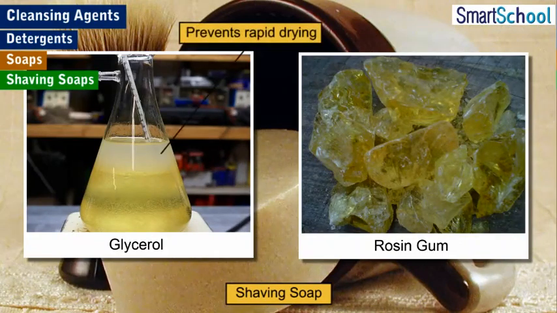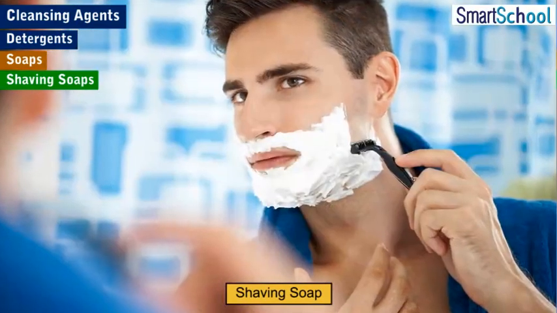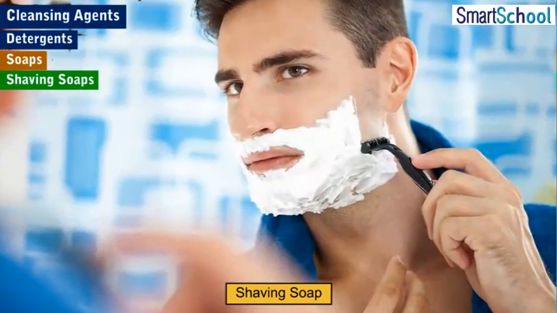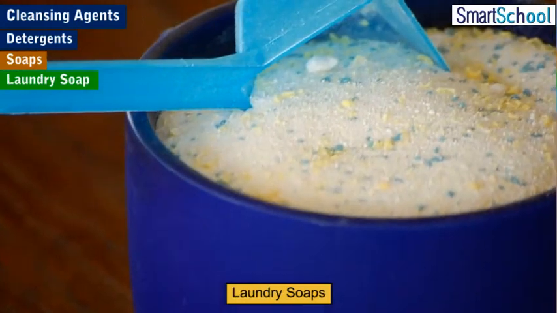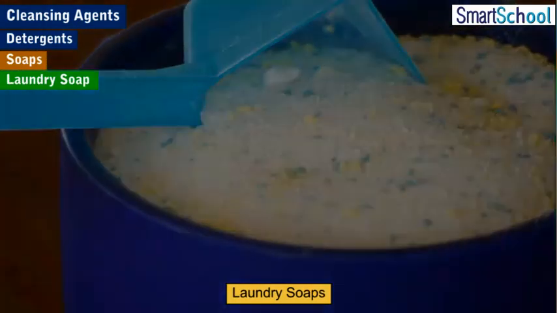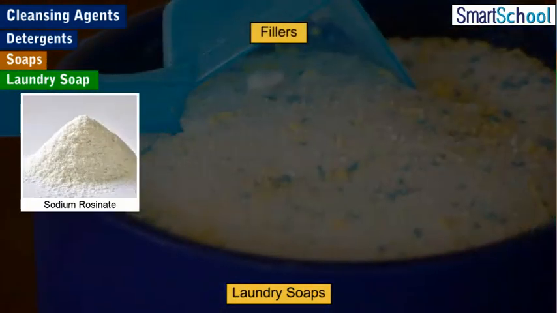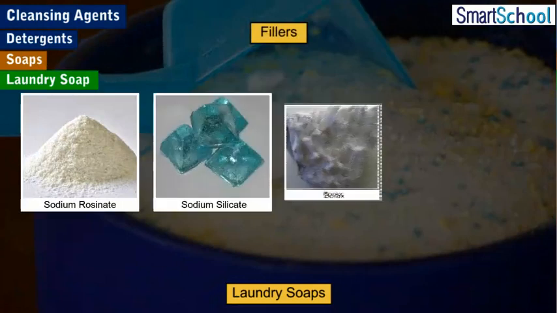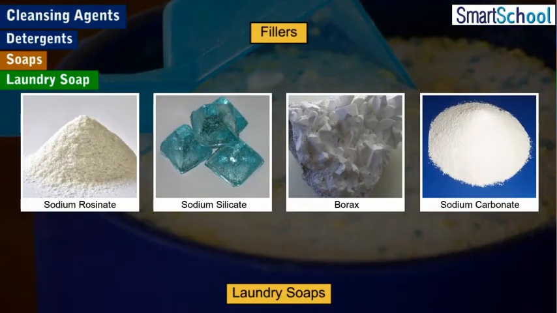Glycerol prevents rapid drying, while rosin forms sodium rosinate that lathers well. Similarly, laundry soaps contain fillers like sodium rosinate, sodium silicate, borax, and sodium carbonate.